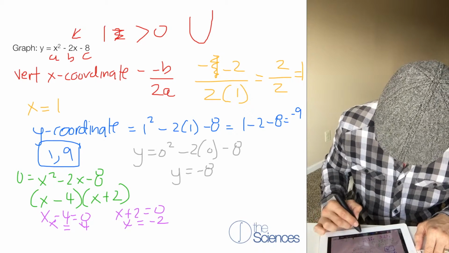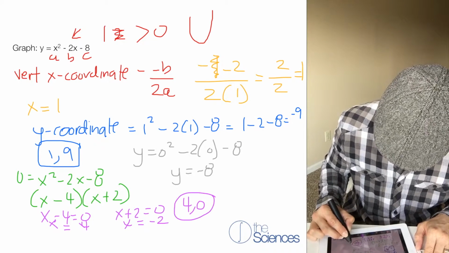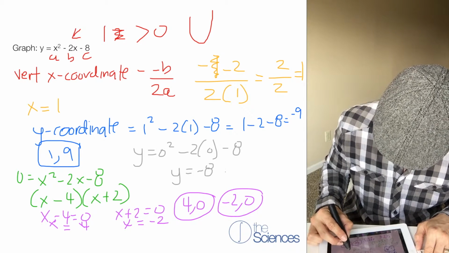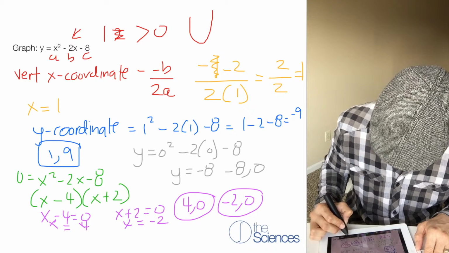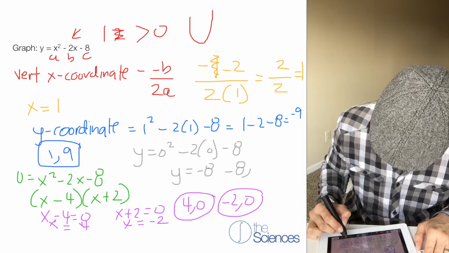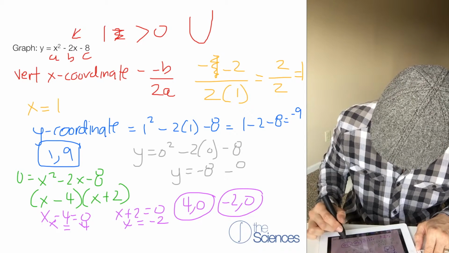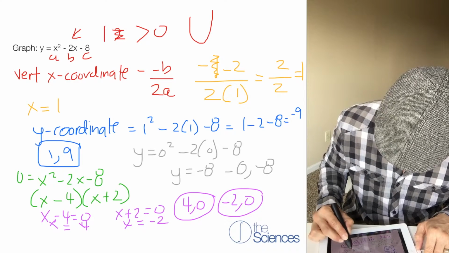So that means our x-intercepts are (4, 0) and (negative 2, 0), and our y-intercept is (0, negative 8).